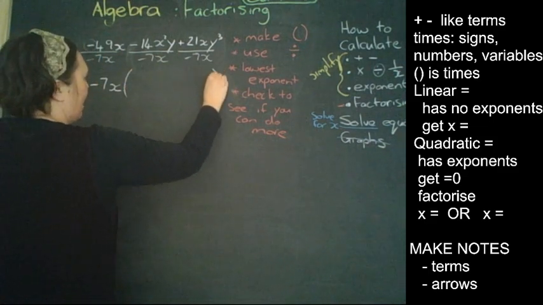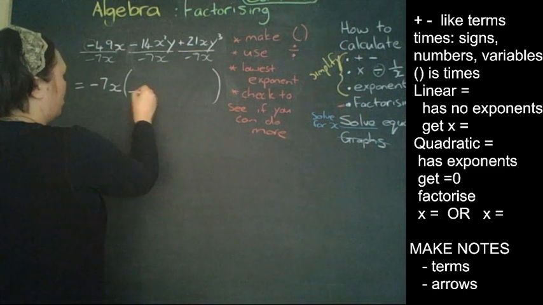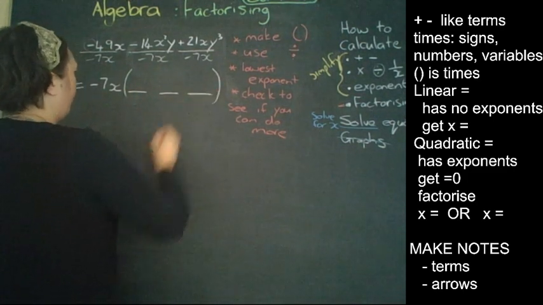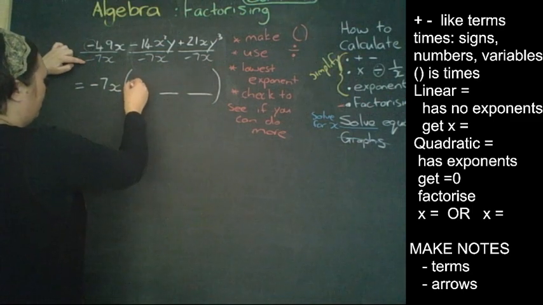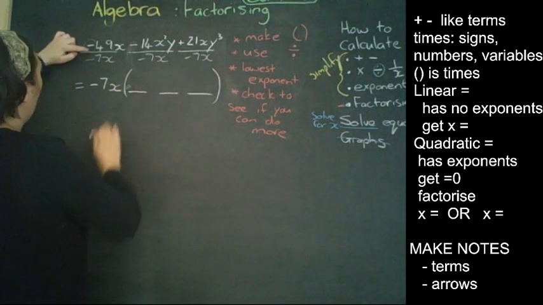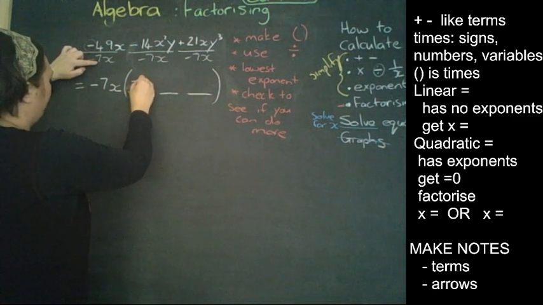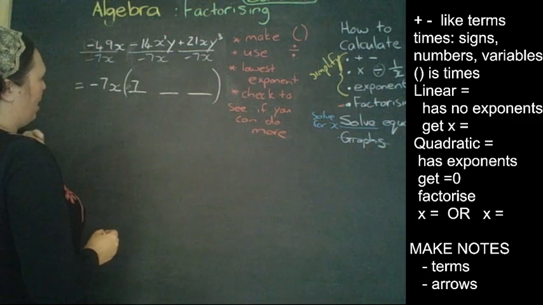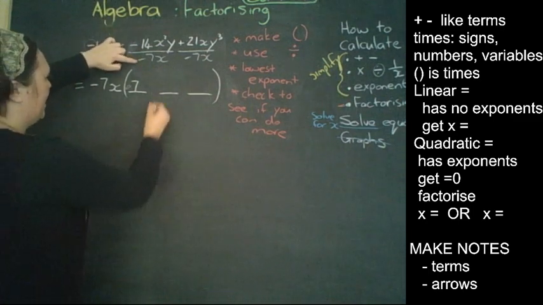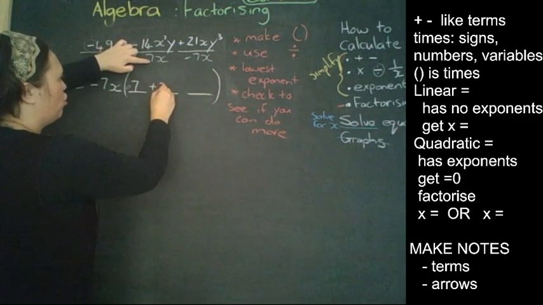And in our bracket, we want 1, 2, 3 terms. So here minus and minus is plus, that we don't have to write. 49 divided by 7 is 7. And x divided by x is 1, so it falls away. Minus and minus is plus. 14 divided by 7 is 2.